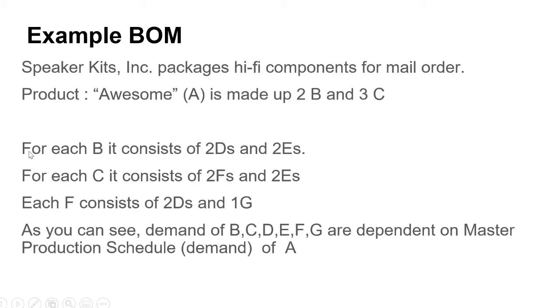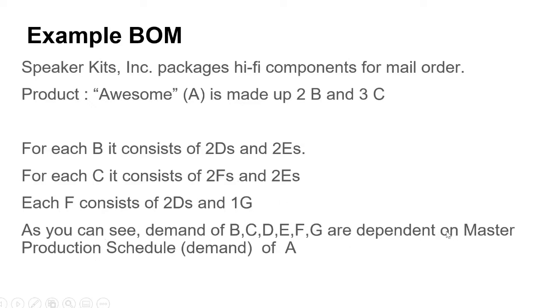But each B consists of other child components, 2Ds and 2Es. Each C consists of 2Fs and 2Es. Understand? The levels are going down, and at each level there are child parts. And F consists of 2Ds and 1G.